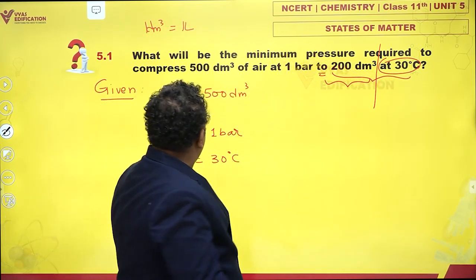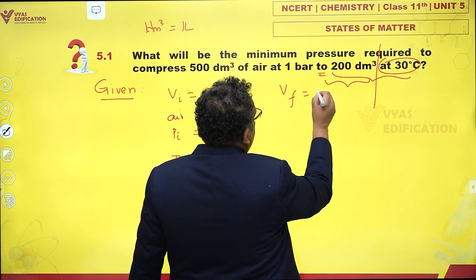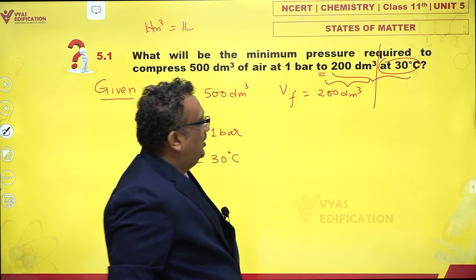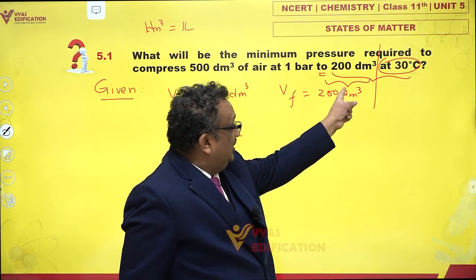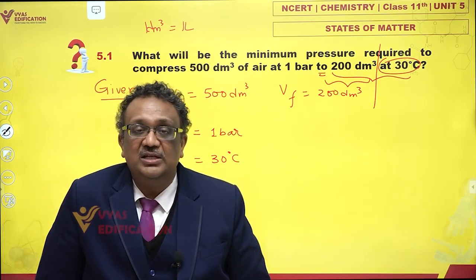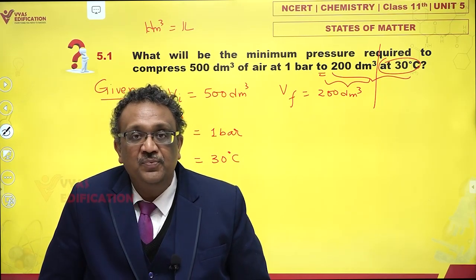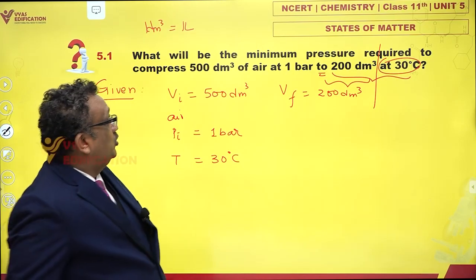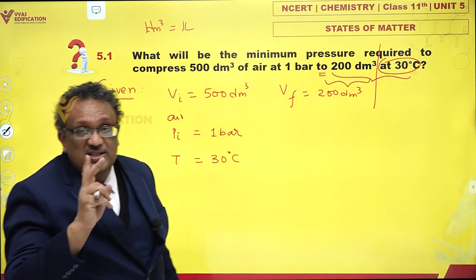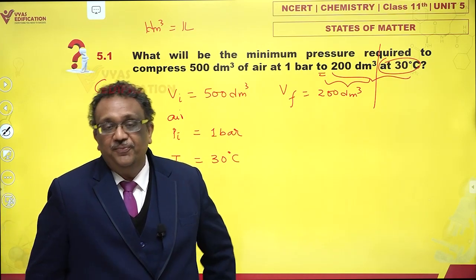And final volume is 200 decimeter cube, that also is final. The meaning of temperature could be that final temperature is 30 degrees Celsius. That is one possibility. And it might also mean that all this drama is happening at 30 degrees Celsius.